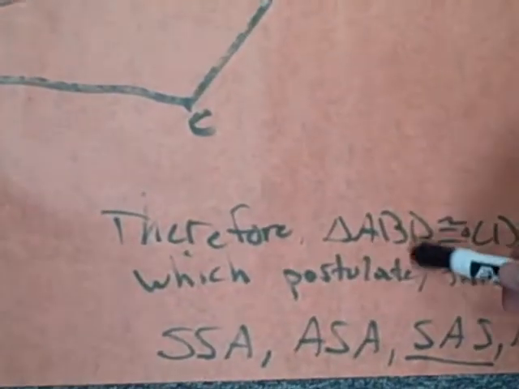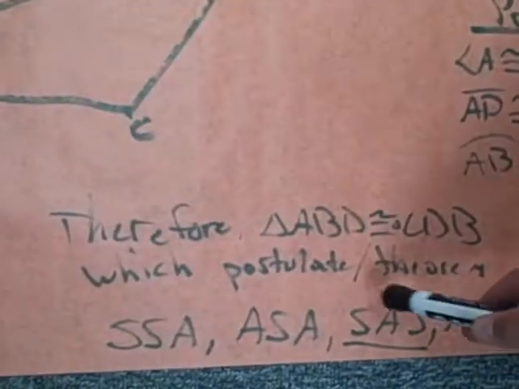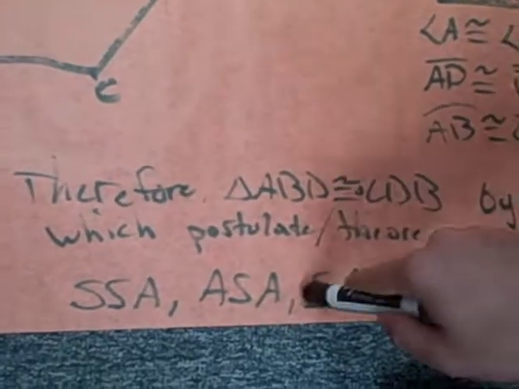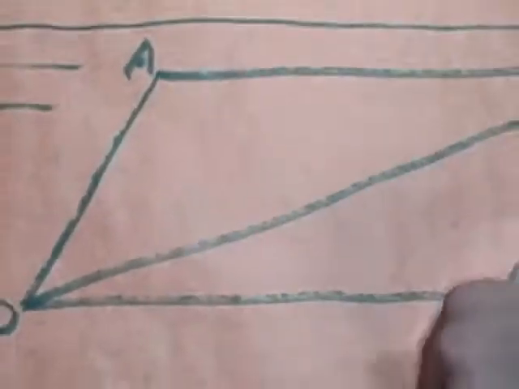Opposite sides are congruent. And then you can decide that triangle ABD is congruent to CDB by which postulate or theorem: side, angle, side. You have a side, and you have an angle, and you have another side.